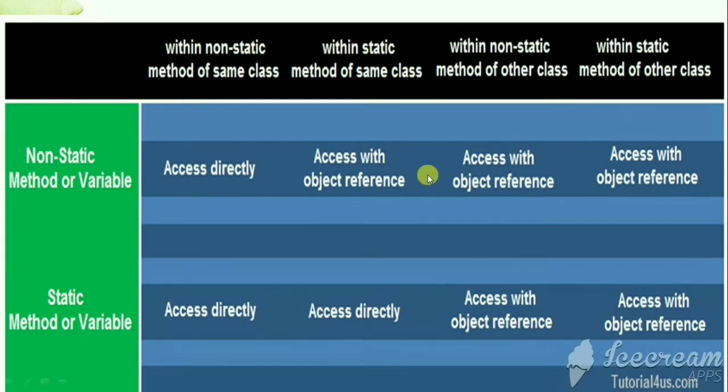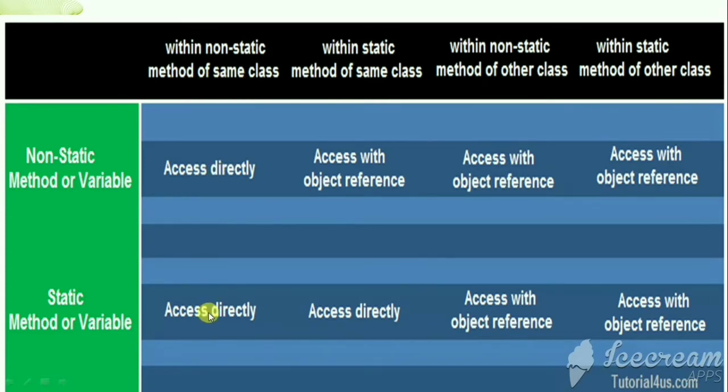Now we can see the accessibility of static and non-static methods. The first one is a non-static method or variable, and here a static method or variable. For the accessibility, within a non-static method of the same class, both are accessed directly. Within a static method of the same class, the non-static one is accessed with an object reference, but the static one is accessed directly.